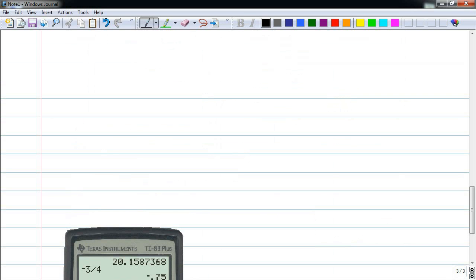Let's talk about the order of operations. Order of operations is parentheses, then exponents, then you multiply and you divide left to right at the same time and group those together because those happen at the same time.